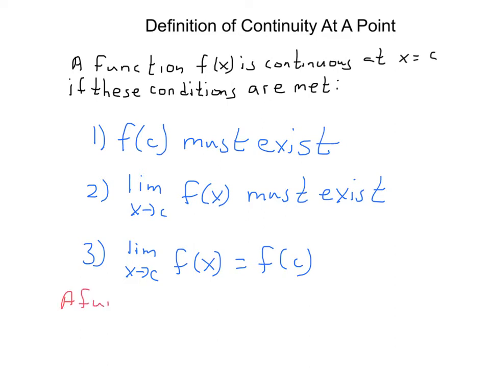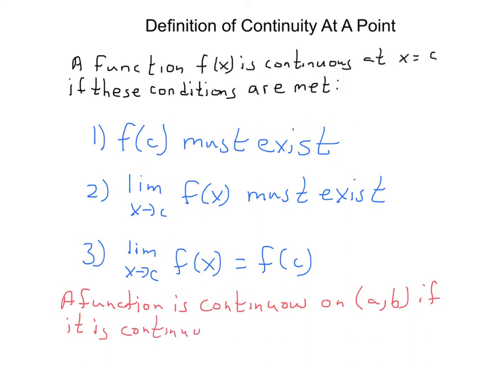A function is continuous on an interval from a to b if it is continuous for every number c which is in that interval from a to b, for every number c which is an element of the interval from a to b.